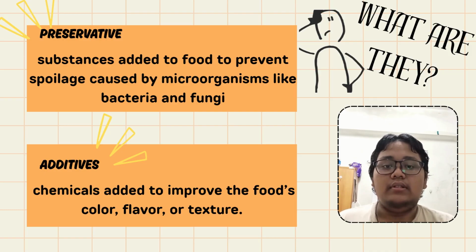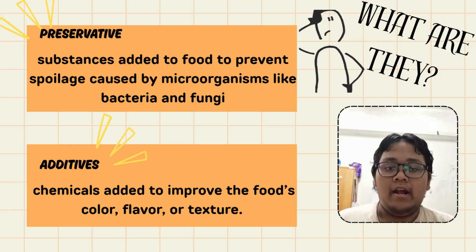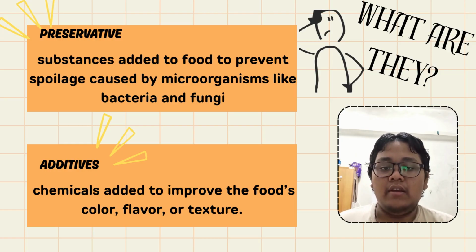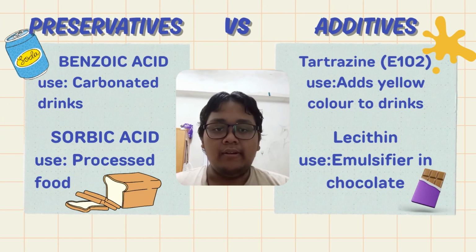Meanwhile, additives are chemicals that are used to enhance the taste or quality of the products. Next, we are going to take a look at an example of preservatives and additives.